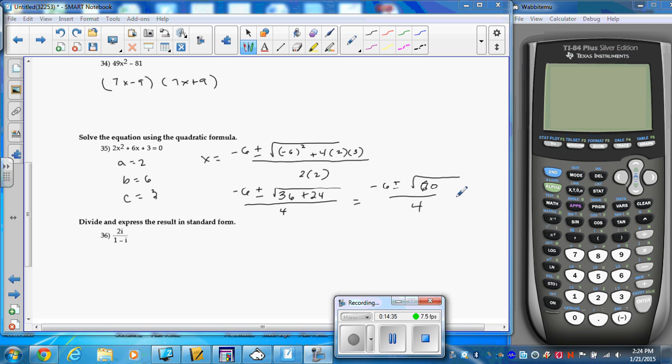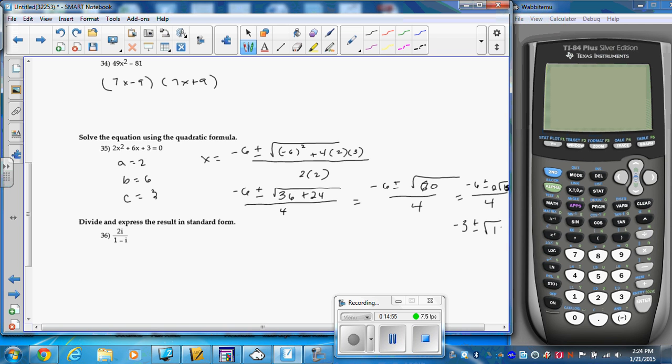But I'm still getting 2 square roots of 15. So it's negative 6 plus or minus 2 square roots of 15 over 4. The 2's cancel, so it's negative 3 plus or minus the square root of 15 over 2. And they had the square root of 3 in there, so I'm thinking their square root of 3 was an error.